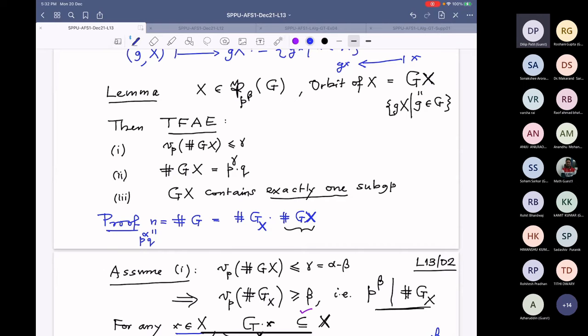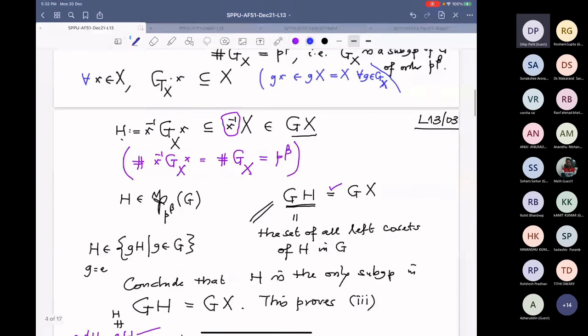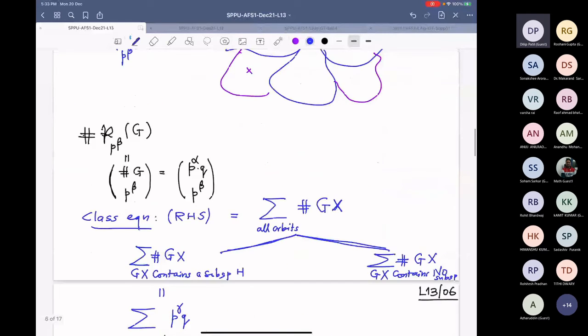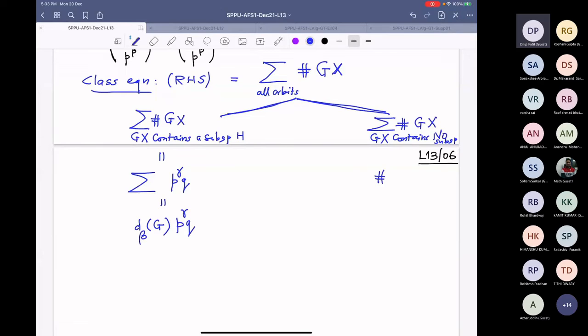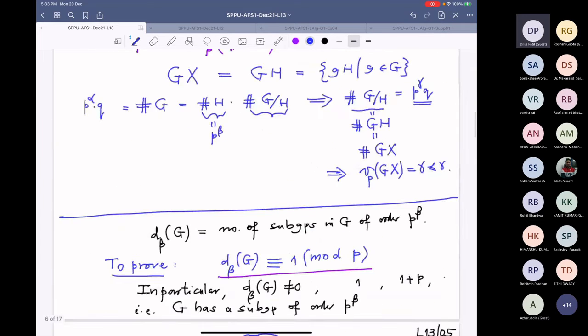So here this sum is running over the orbits whose cardinality has VP bigger than gamma.